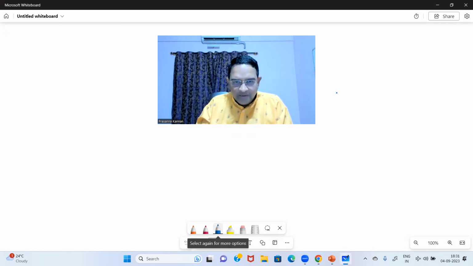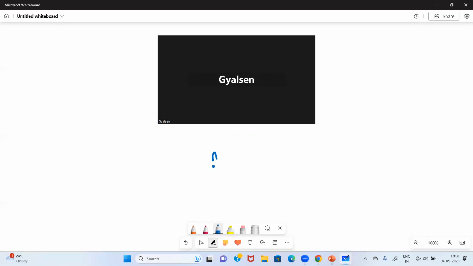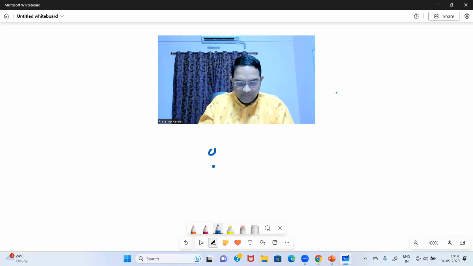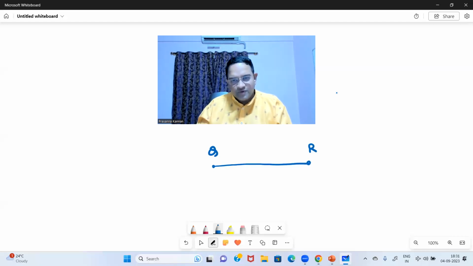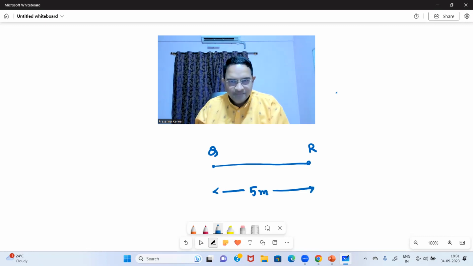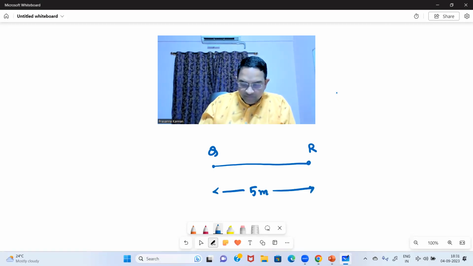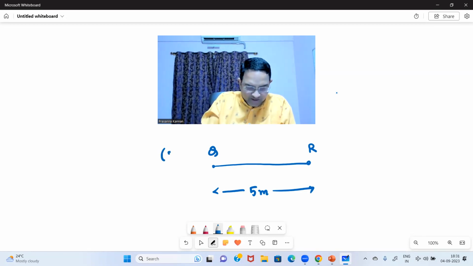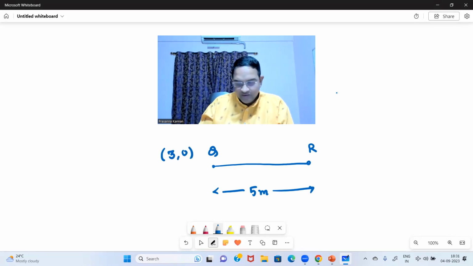Okay, now let's say I have a point A, or we'll use the same terminology, we'll use Q and R. Okay, now let's say the distance is 5 meters between them. Now, just for simplicity, I'll take the point on the x-axis itself. Okay, let's say this is 3, 0. And this point is, let's say, 8, 0.